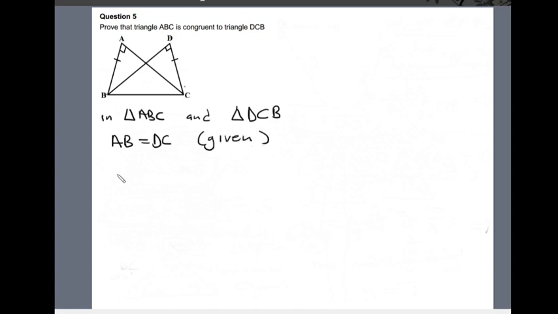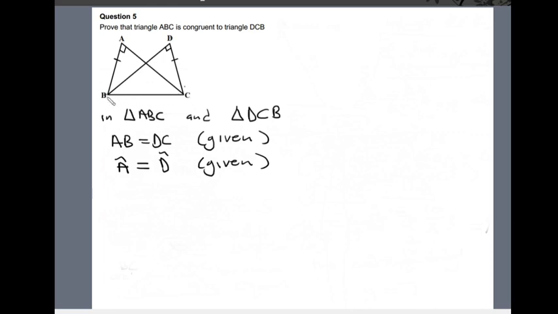And then angle A is equal to angle D, right? This is also given. And then what else? We have this side, we have a right angle, and therefore the hypotenuse will be the same.